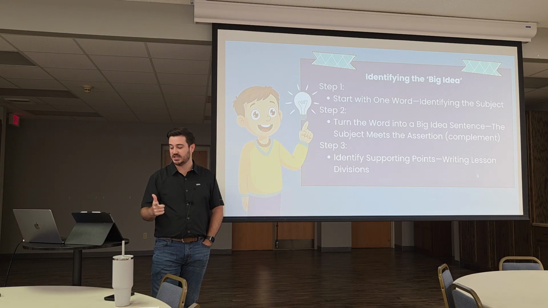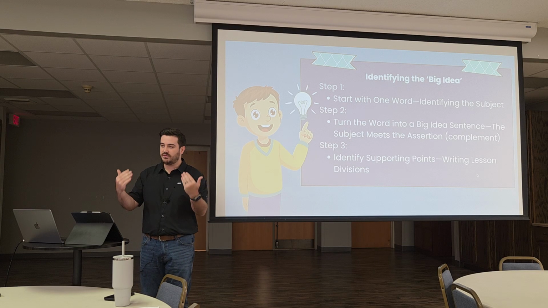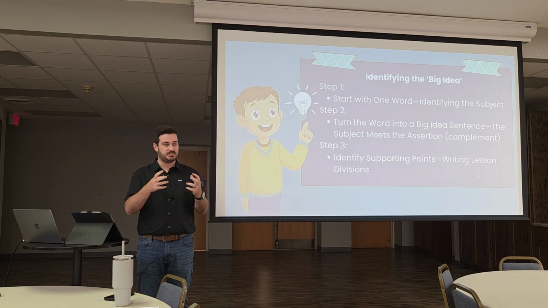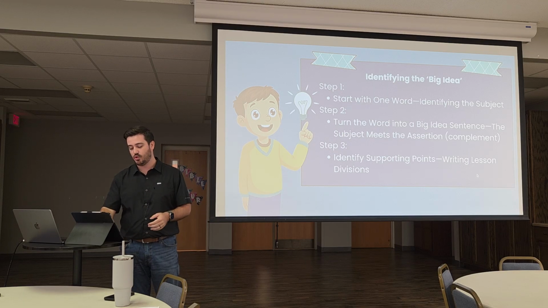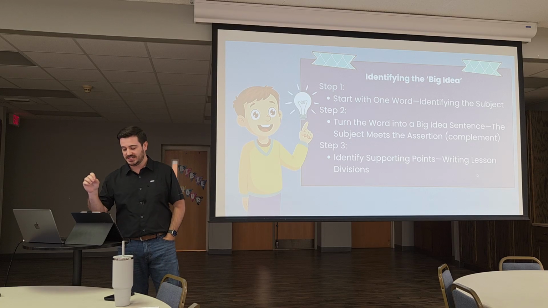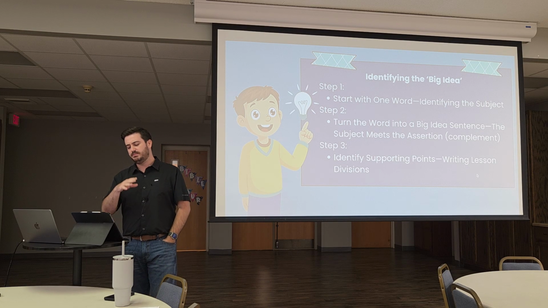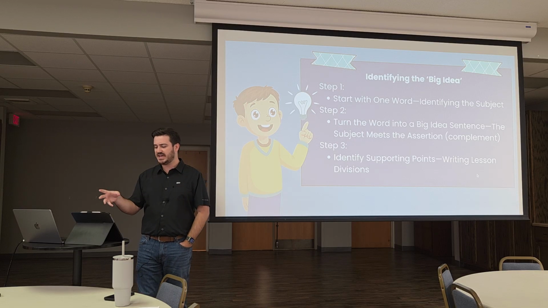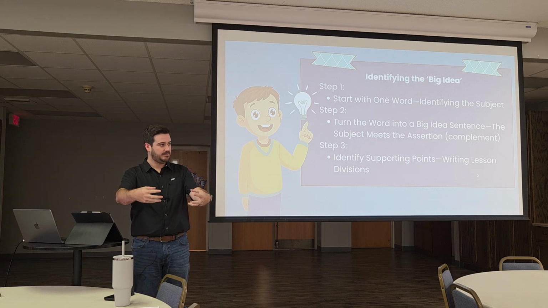There should be lots of information showing how the author develops and proves the big idea you've extracted from the passage. So let's go back to our example in Nehemiah chapter 1. My big idea is that a heart that is broken because of sin is fertile soil for God to work with. And the big question I want to look for in the text is, how do we take our broken heart to God to experience that renewal?